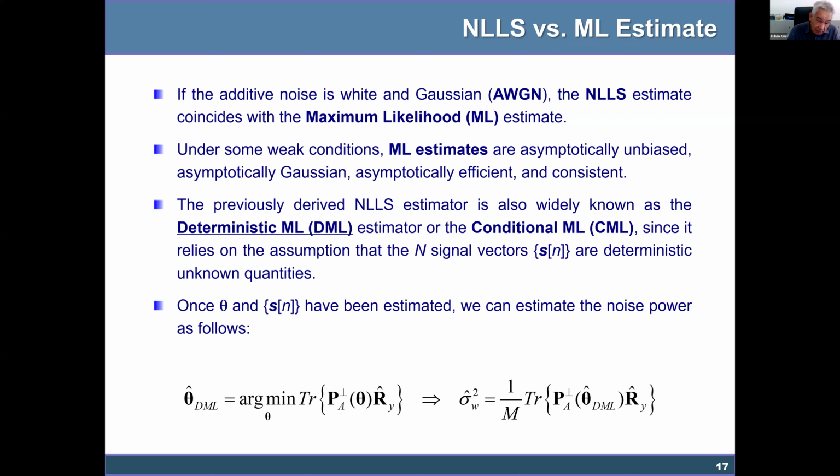And finally, all maximum likelihood estimates are consistent. So the mean square error tends to 0 when the data size tends to infinity, so the estimate tends to the true value.